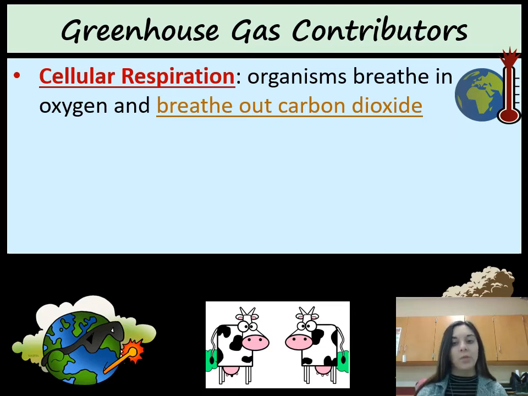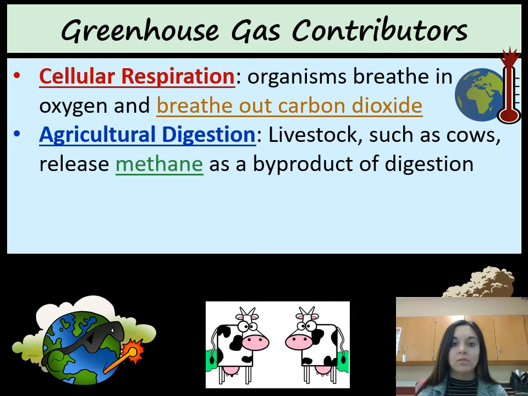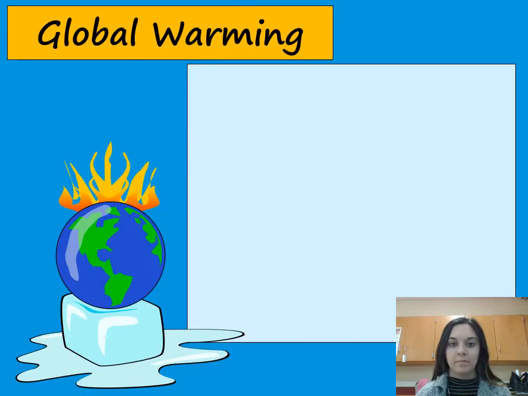Well, it's a waste product. Agricultural digestion. So cows and other livestock release methane as a byproduct of their digestion. Okay, and that is a greenhouse gas. And then volcanoes. They release carbon dioxide and gas and water during eruptions.